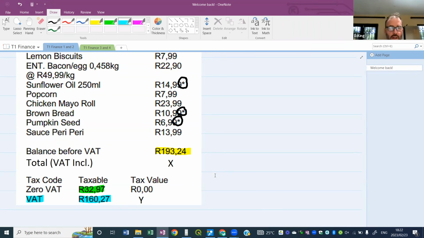I want you to work out the VAT value here, at Y. I want you to work out how much VAT we need to pay on just 160 Rand 27. That's going to give us a value for Y, and I'll tell you what we do with it next. What is VAT on 160 Rand and 27 cents?